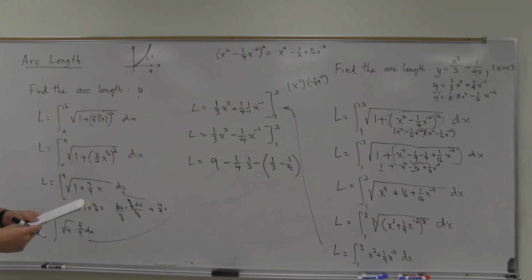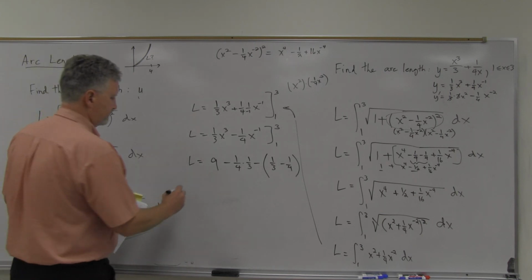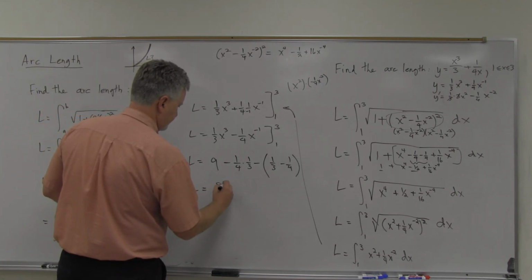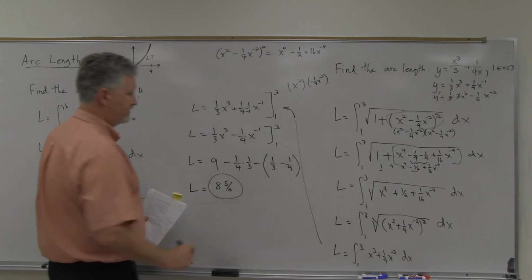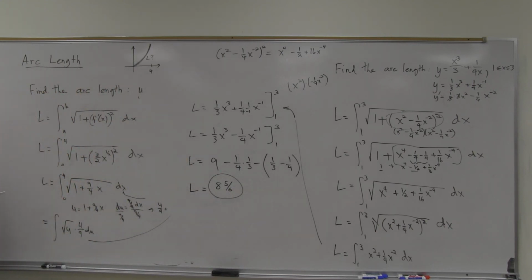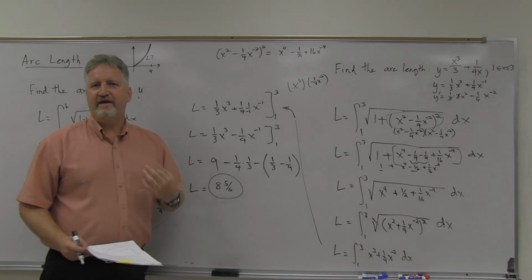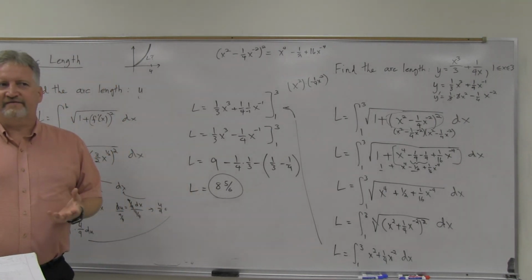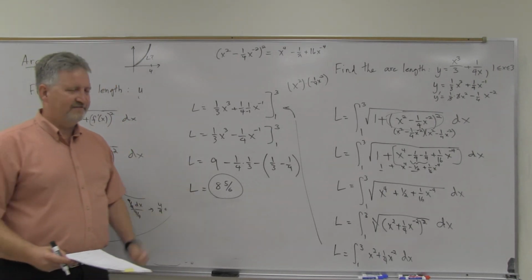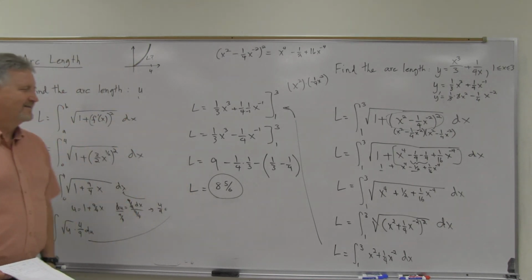It's 9 minus 2/12, or 9 minus 1/6, then 8 and 5/6. Or some equivalent thereof. How's that? Is that 8 and 5/6? Yes, because this is 9 minus 1/12, and that'll be another 1/12, so it's 9 minus 2/12, or 9 minus 1/6. And 9 minus 1/6 is 8 and 5/6. That's how I came up with that.